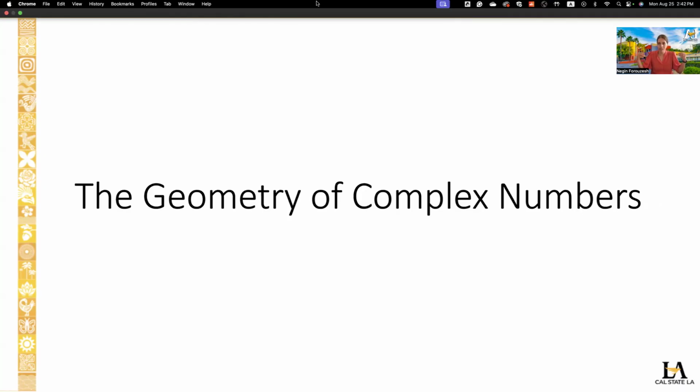Then we looked at the algebra of complex numbers: addition, multiplication, subtraction, division. We looked at some properties together, and we defined conjugates, we defined fields and so on. We stopped there, and now we are switching over to the geometry of complex numbers. And you can see that the geometry and algebra of complex numbers somehow complement each other.